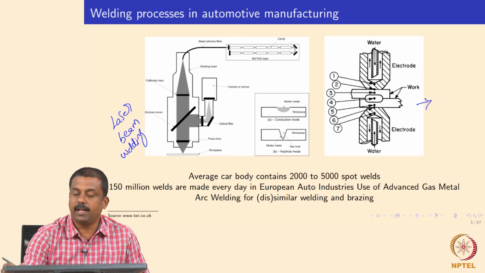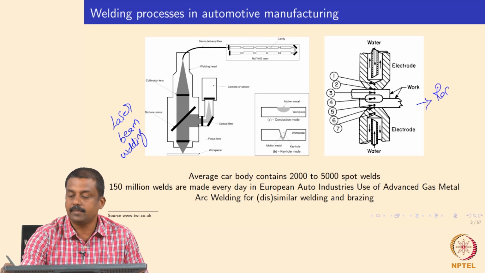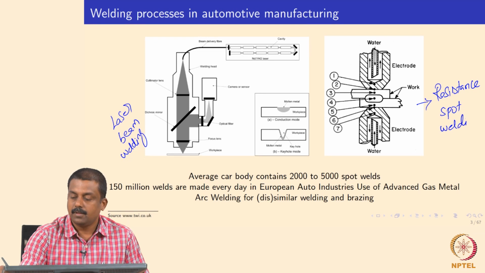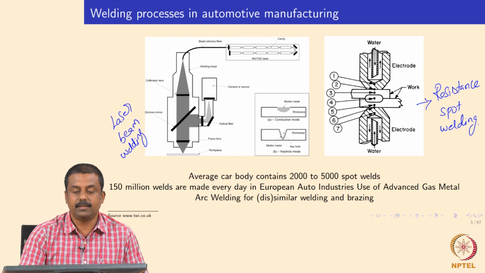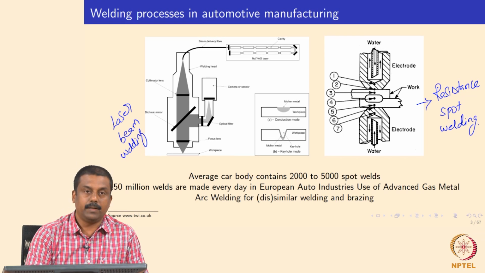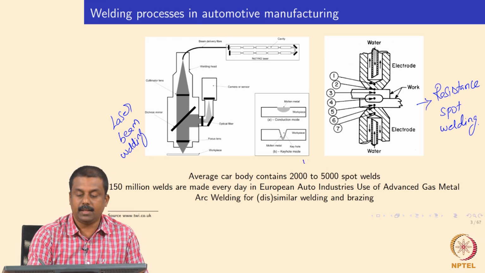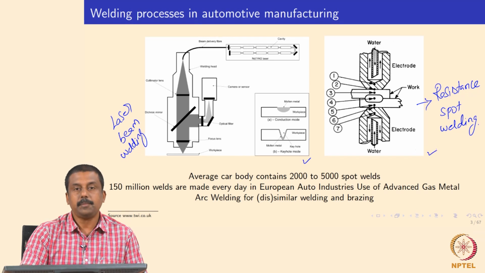And what you see on the right hand side is the resistance spot welding. So the majority of welding operations in automotive industries is carried out either by laser or by resistance spot welding.